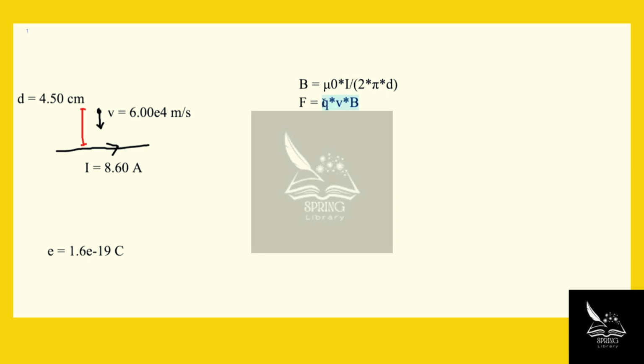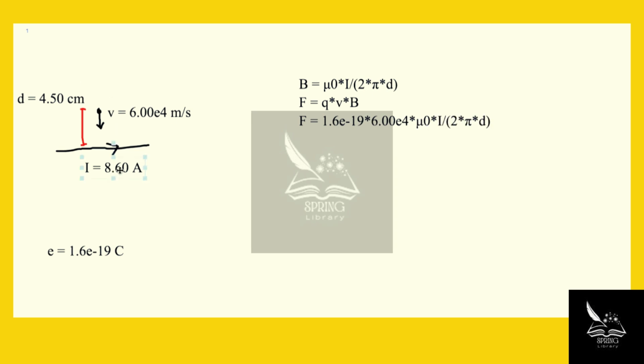So now all we have to do to calculate the force is plug in all the numbers that we have. Since we're just concerned about the magnitude right now, I'm going to ignore the sign, positive or negative. We'll think about that in a second. The magnitude of the charge is this. The velocity is this. We have our magnetic field here.